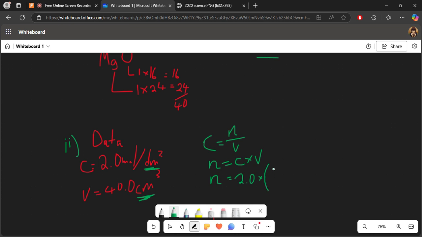And we do that by dividing the volume in centimeters cubed by 1,000.